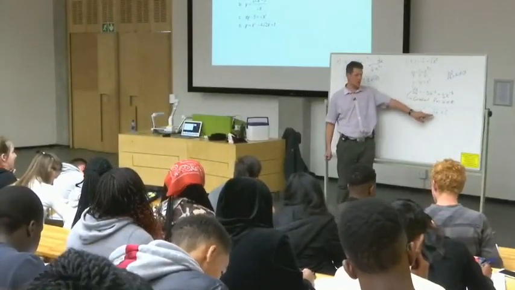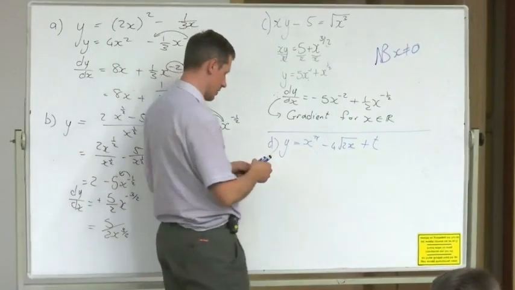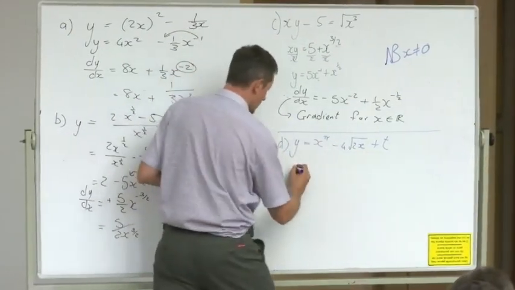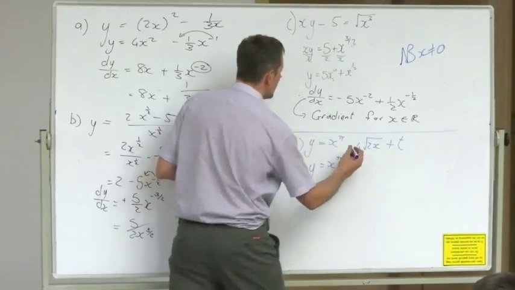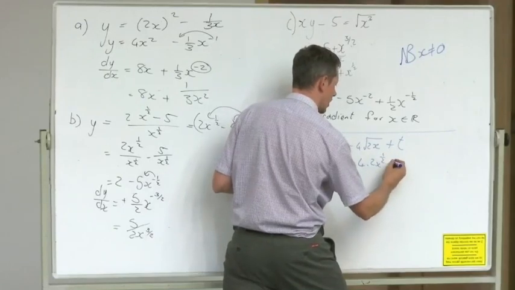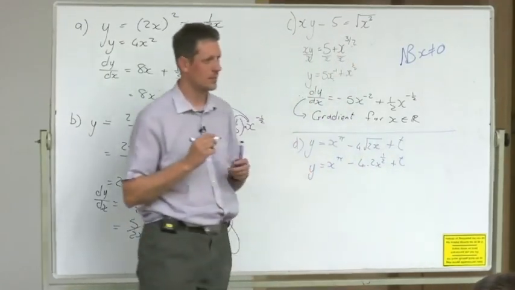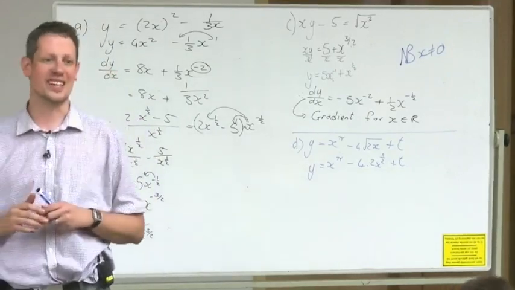Secondly, I put the root 2 and the x both in the root. So this is x to the pi minus 4 times by 2x to the half plus t. What is my mistake?